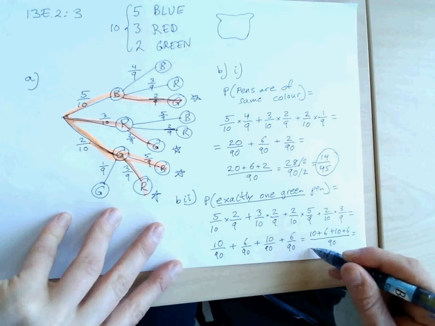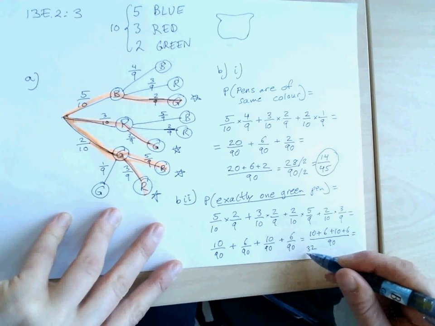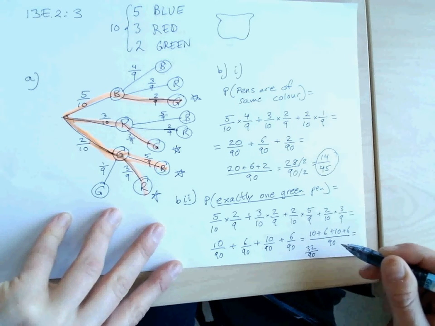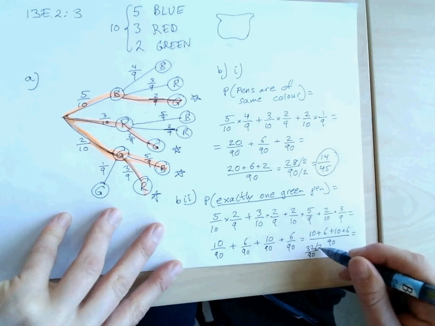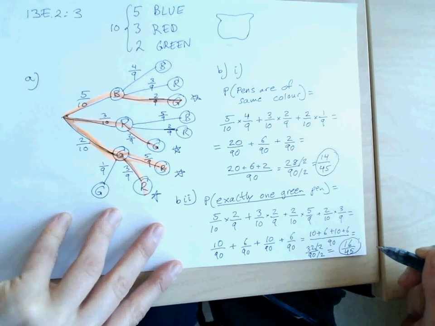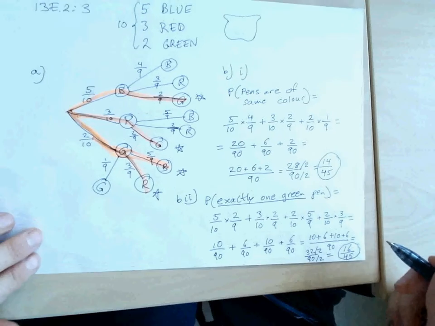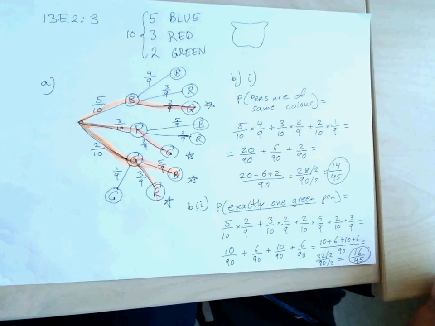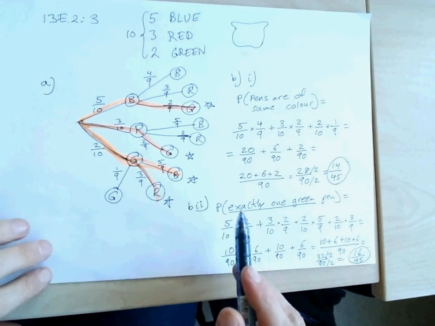We get, I have to write at the very bottom here, 32 over 90. But remember that this can be simplified. We can divide by 2, both in numerator and denominator. So you get 16 out of 45. And 16 over 45, that is the final answer to this question.